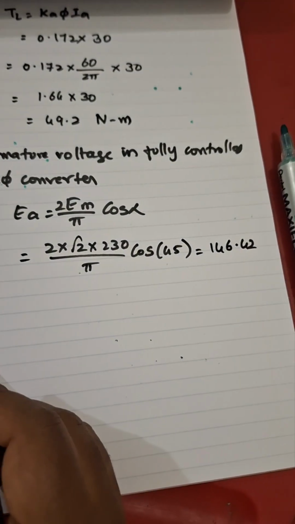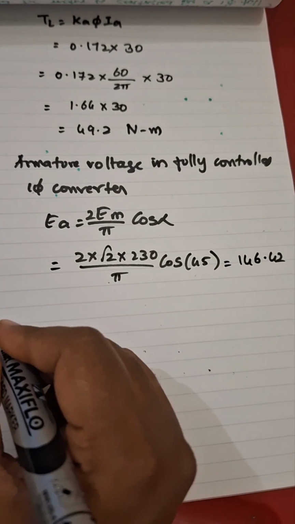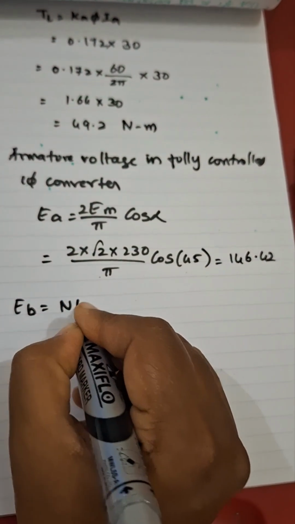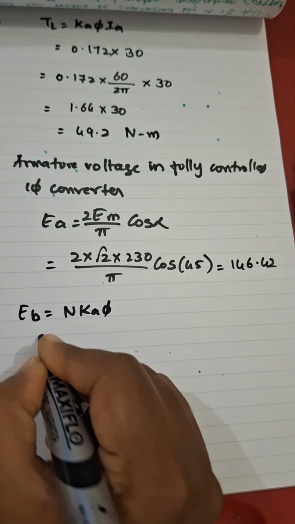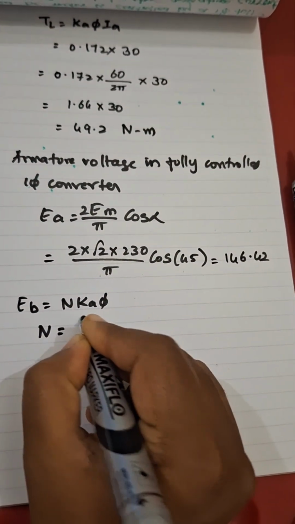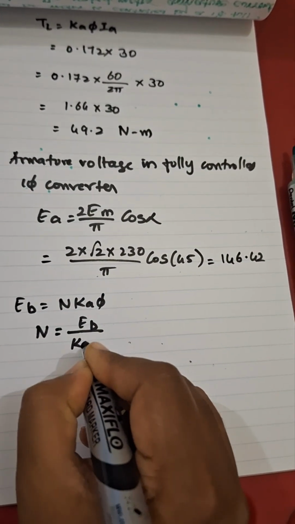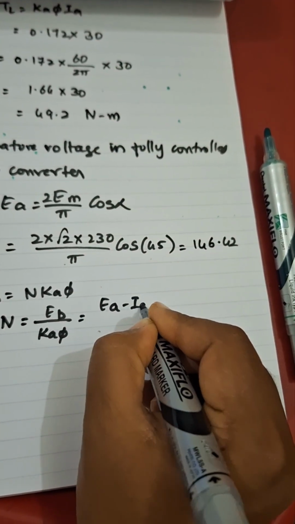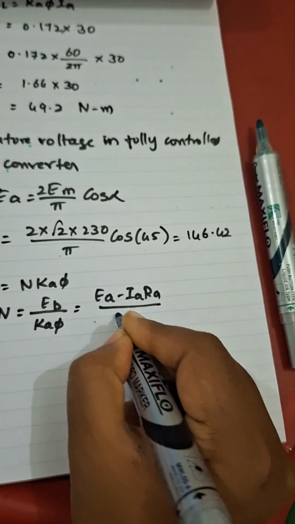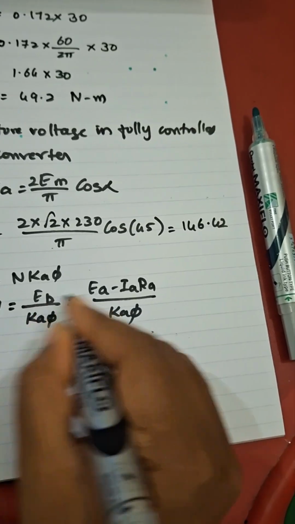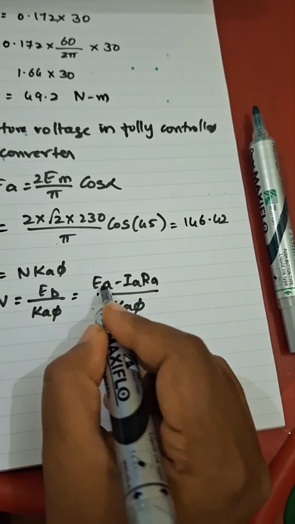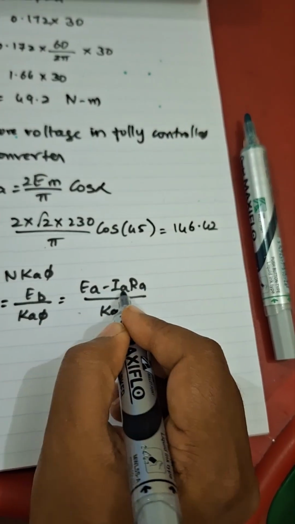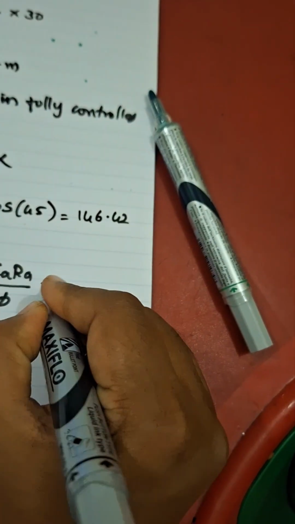146.42. Okay, and Eb we know is equal to N Kaφ, but here I want N, so N is equal to Eb by Kaφ. Eb is given as Ea minus Ia Ra, because Ea is equal to Eb plus Ia Ra. So Eb is equal to Ea minus Ia Ra.